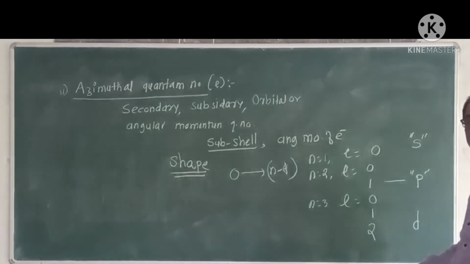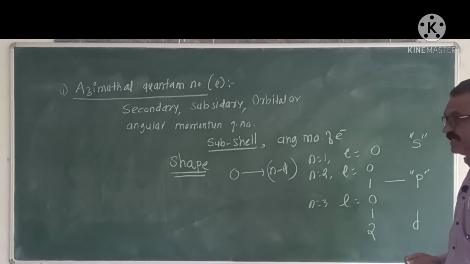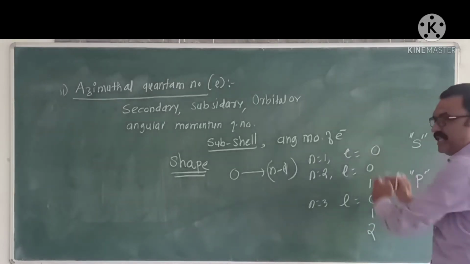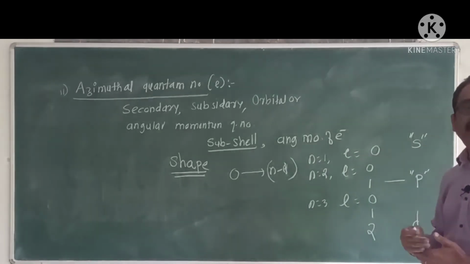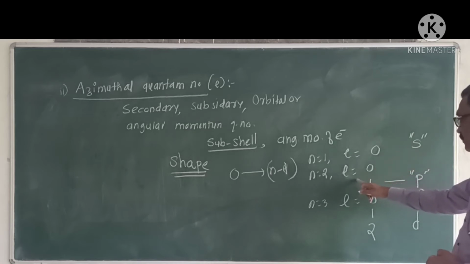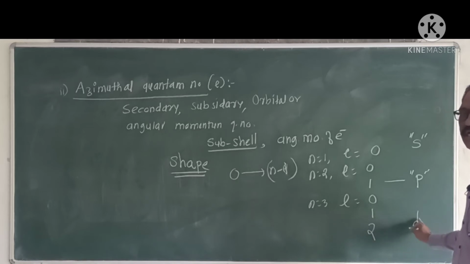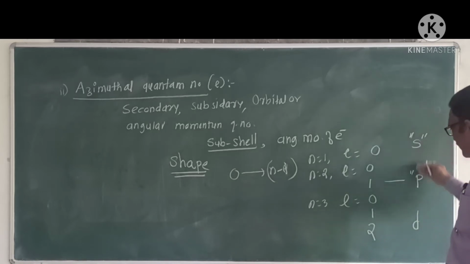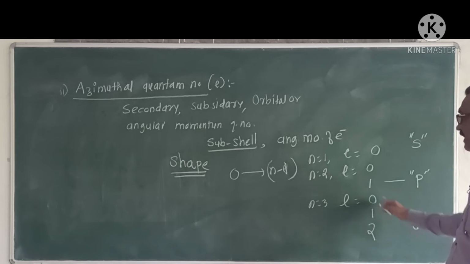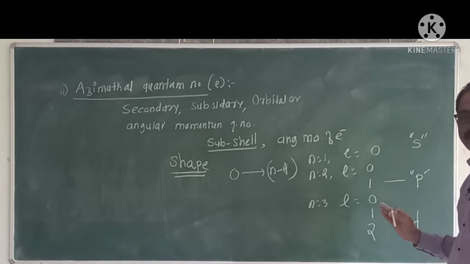When l is equal to 3, the orbital is called f, and so on. That is, the value of l gives the name of orbitals. The names of orbitals are obtained from the values of the azimuthal quantum number.